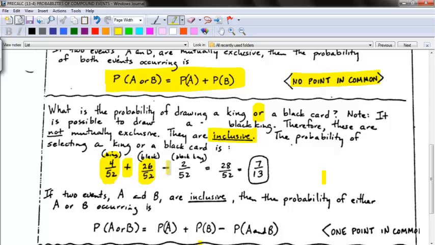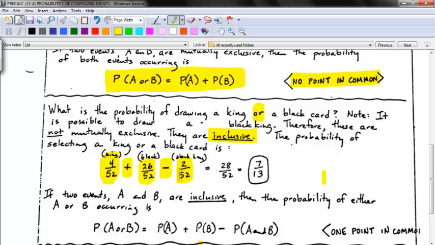So that's why you've got to subtract the overlap, the point in common. There were 2 black kings, and in total success plus failure is 52. So you add the first two, then subtract, and then reduce.